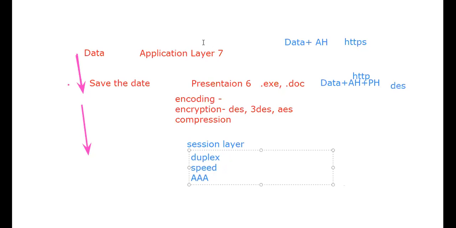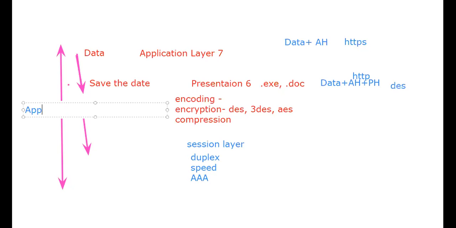In the real scenario, all these layers, application, presentation and session, we call the application layer, layer 7. We will not think individually when you create data and save the data. We just create something, then we close or save it, that's it.